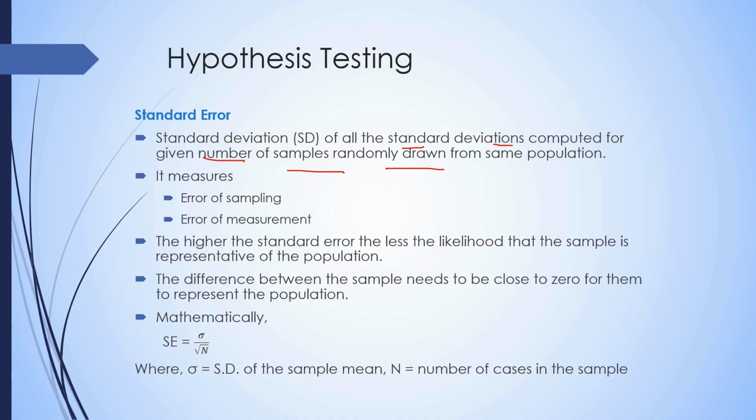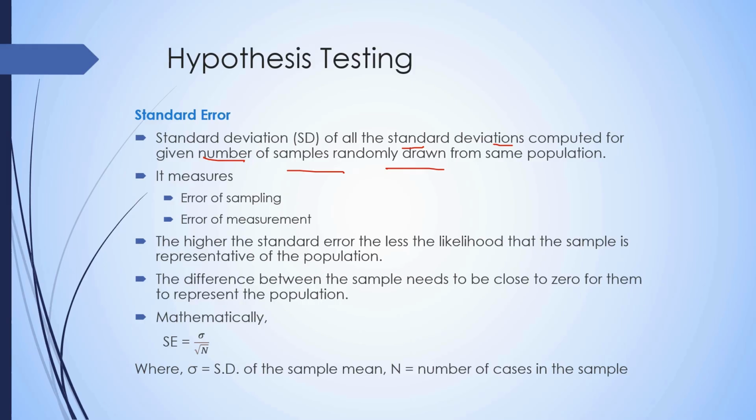I'll add the link in the description. I think I referred to the same video before also regarding hypothesis. Yeah. So standard error is the standard deviation of all the standard deviations computed for a given number of samples randomly drawn from the same population.